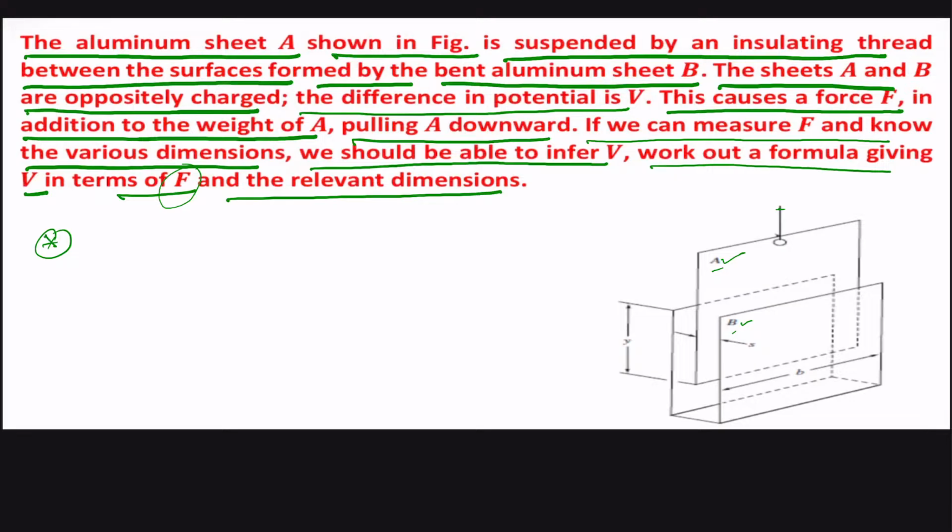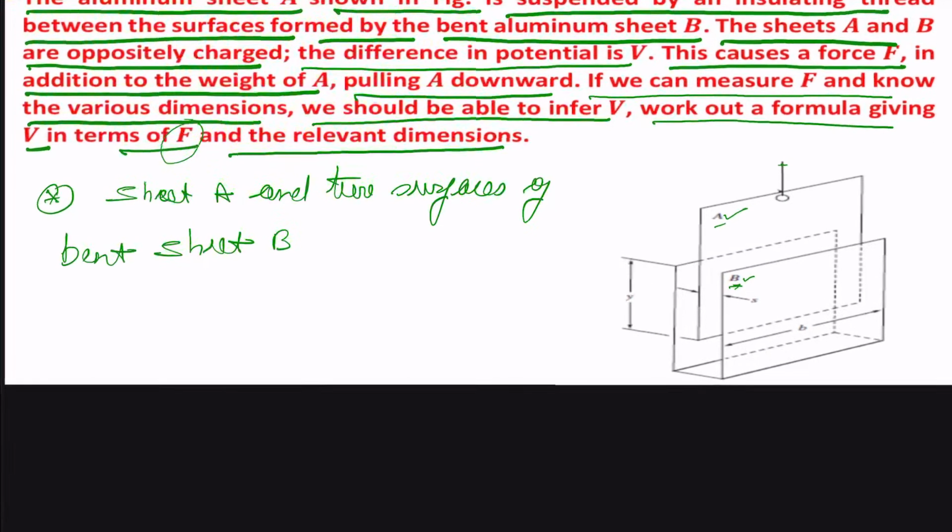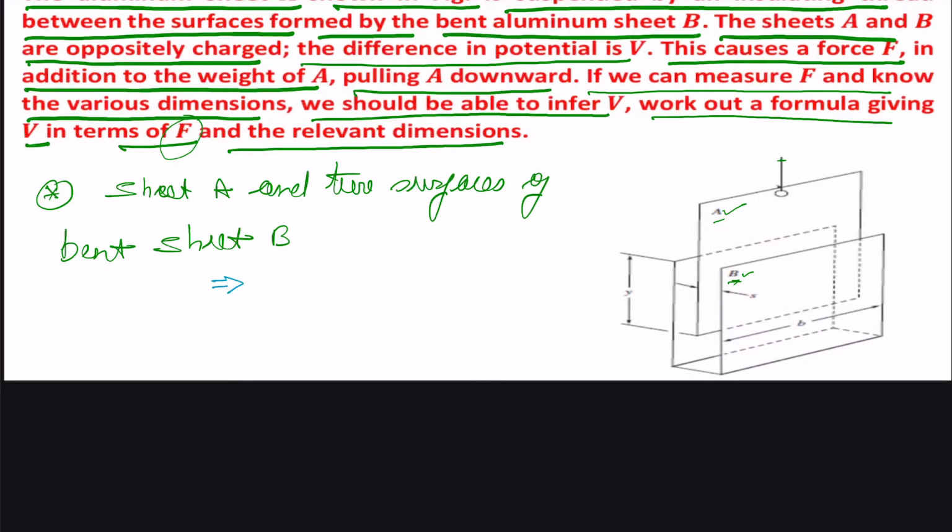Okay. So in this case we have sheet A, and there are two surfaces of the bent sheet B. So this will result in the formation of two parallel plate capacitors, and they will be connected in parallel.